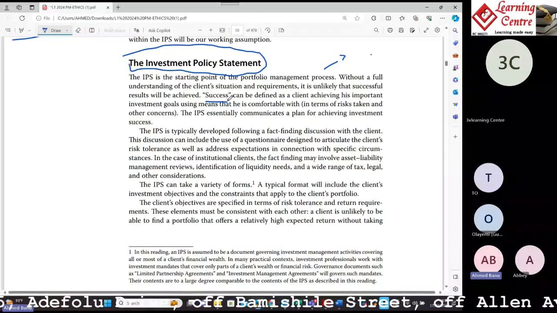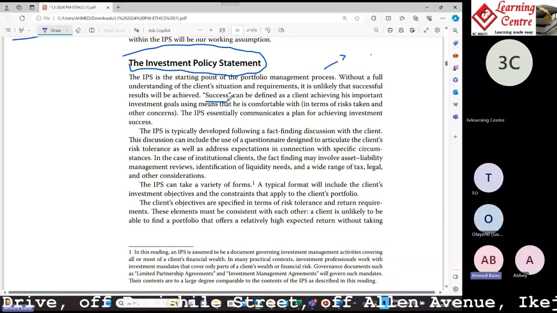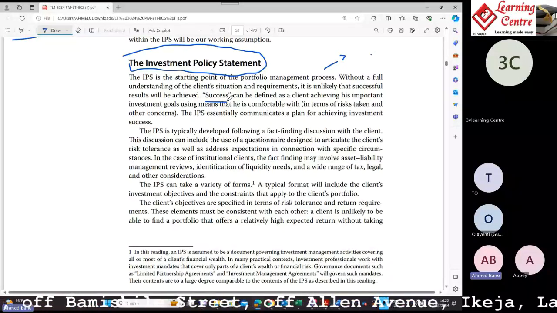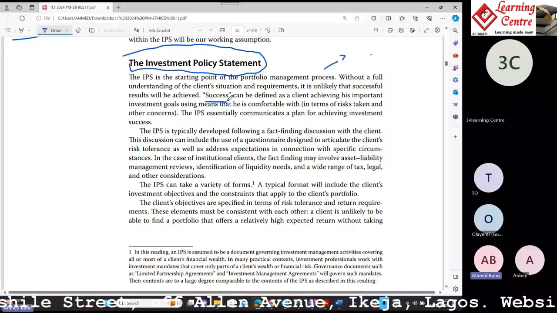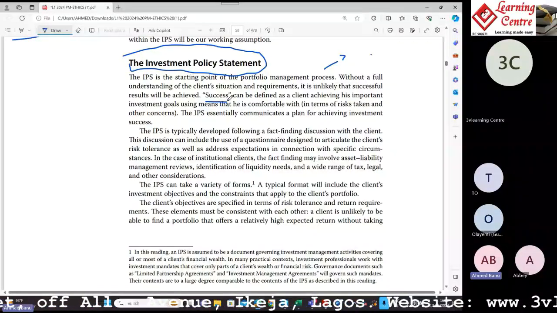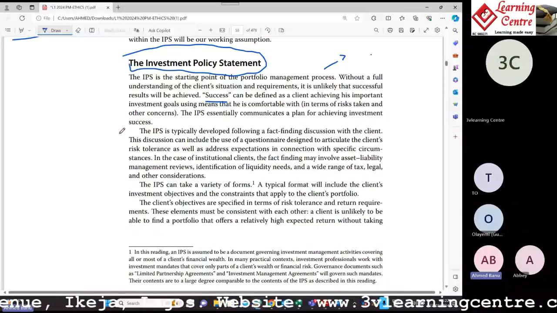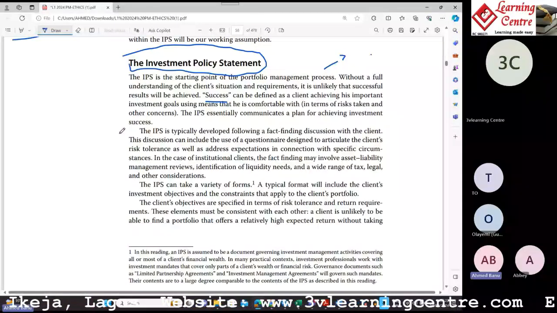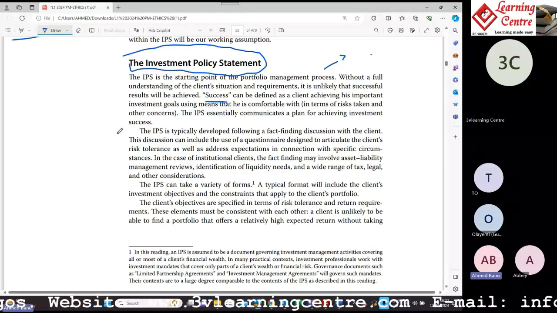And in order for you to achieve investment goals, you must understand his objectives, and you need to be able to document these objectives, see how you can achieve them, which feed into his investment goals.